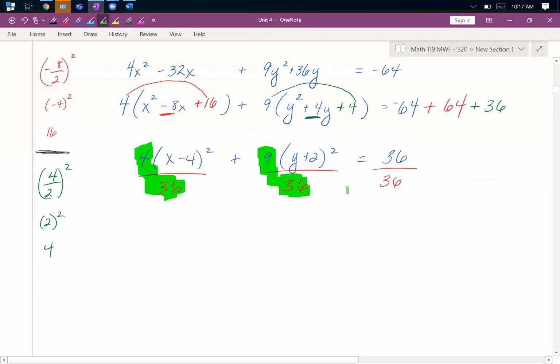I mean, you're not guaranteed that. Sometimes it doesn't simplify nicely. Sometimes it'll simplify down and you'll get like 2/5.